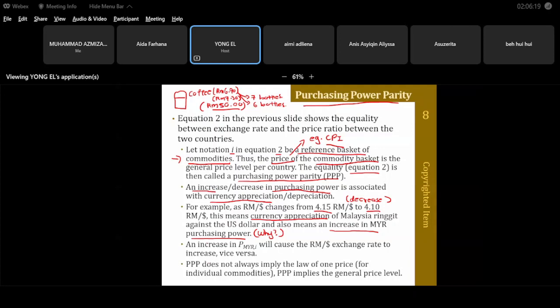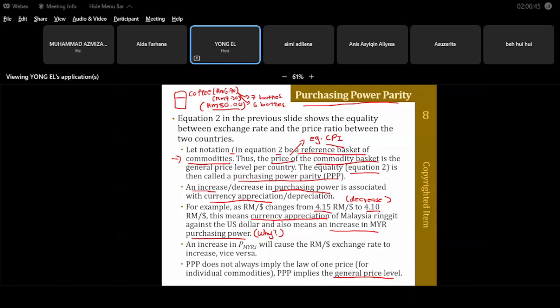PPP does not always imply the law of one price. PPP implies the general price level. Although purchasing power parity is based on the law of one price, it doesn't always imply it, meaning the law of one price is the foundation of purchasing power parity.